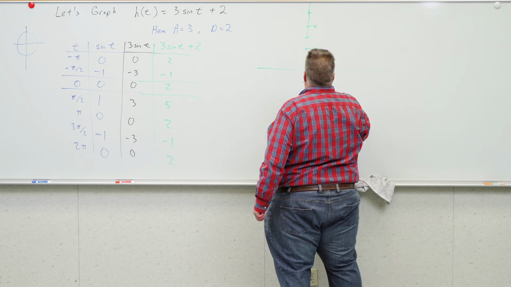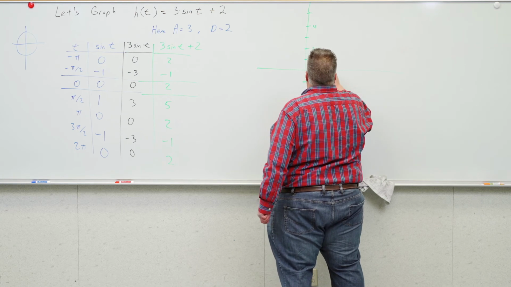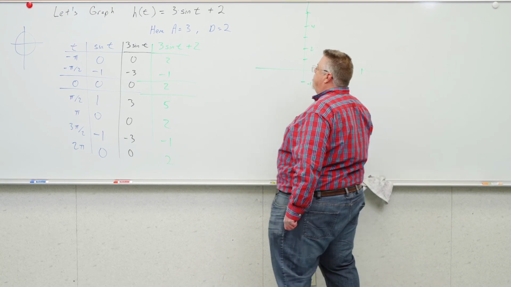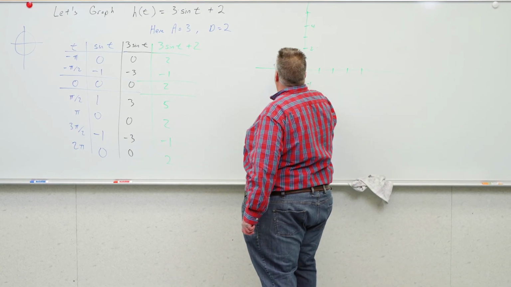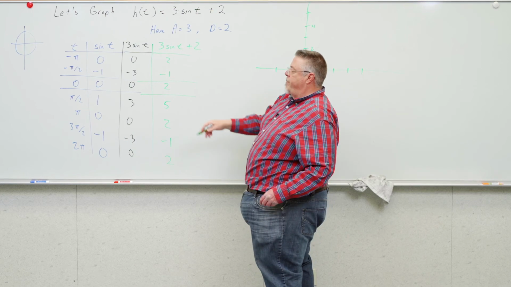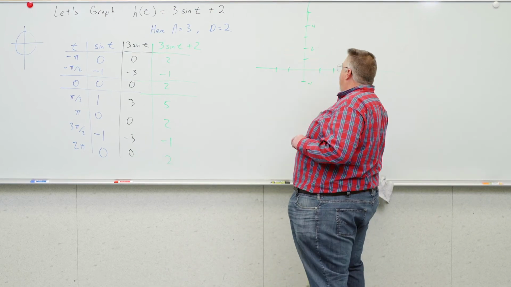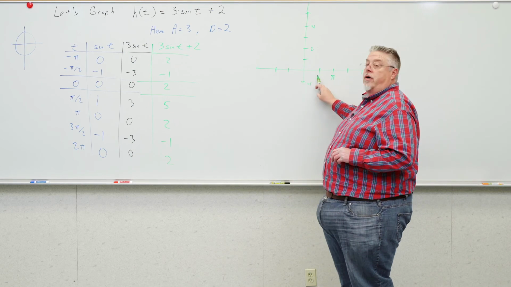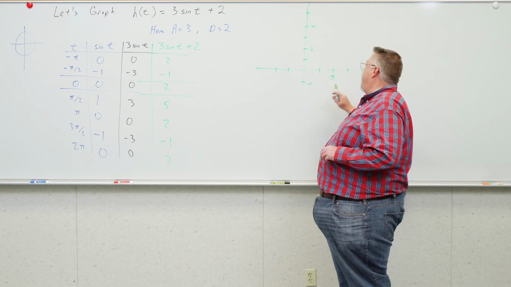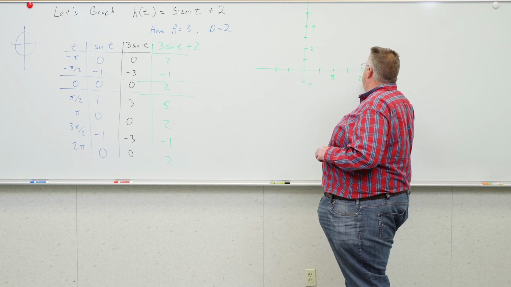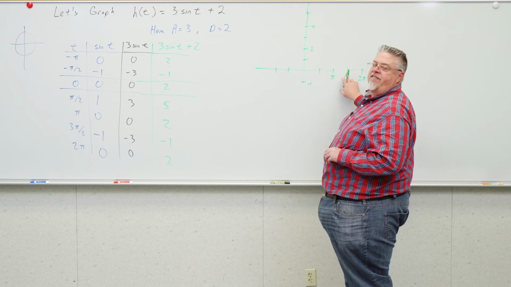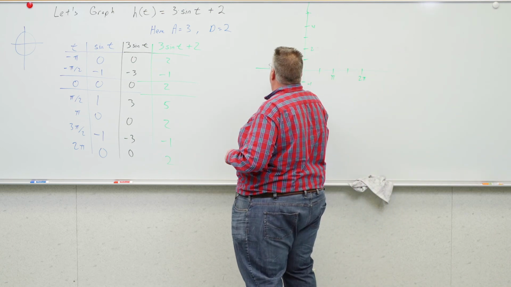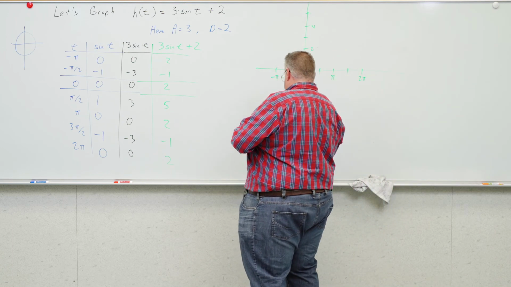And negative 1 down here. And I've got these numbered every pi over 2. Or my key numbers are every pi over 2. But again, I don't need to put them all on here. If I put pi on here, my reader knows that this is half that distance. This is half pi. And this is 2 pi. This is 1.5 pi, or 3 pi over 2. Down here, I've got negative pi.